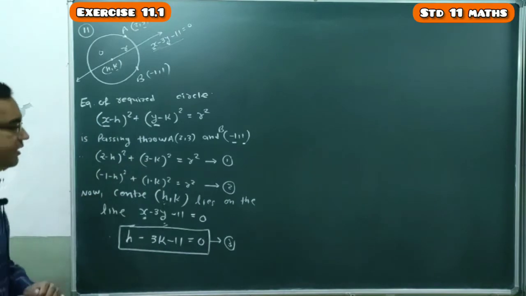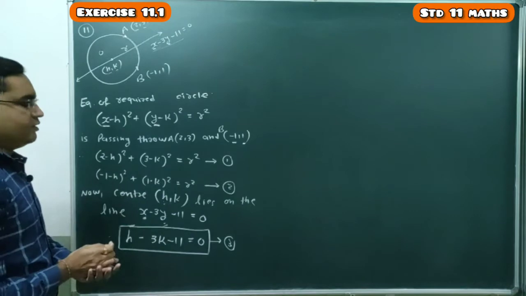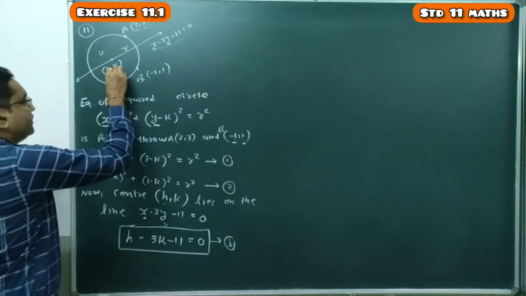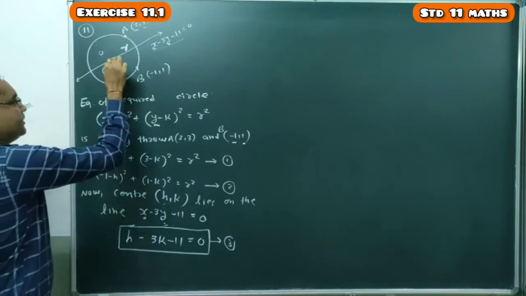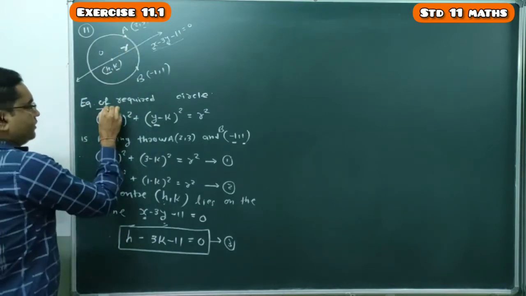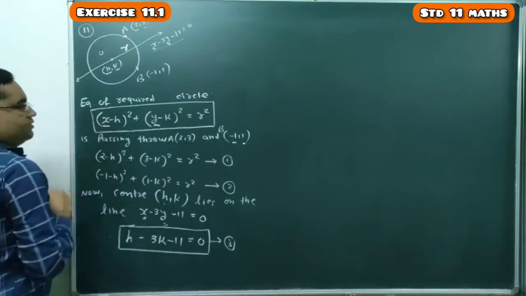So a total of 3 equations are there: 1, 2 and 3. We have to solve these 3 equations and find the values of h, k and r. After finding the values of h, k and r, put these values in our equation of the circle, and this will be your answer.